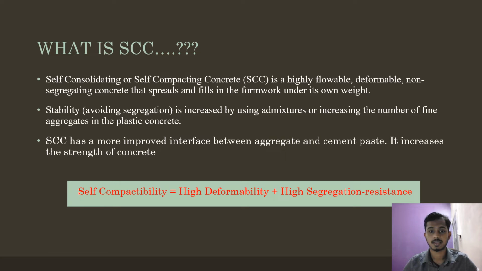Stability, avoiding segregation, is increased by using admixtures or increasing the amount of fine aggregates in the plastic concrete. Third, SCC has a more improved interface between aggregate and cement paste, which increases the strength of concrete. Self-compactability is achieved with high deformability and high segregation resistance.